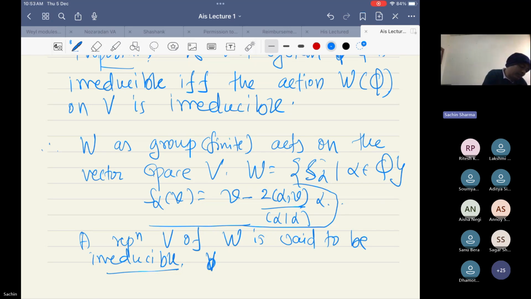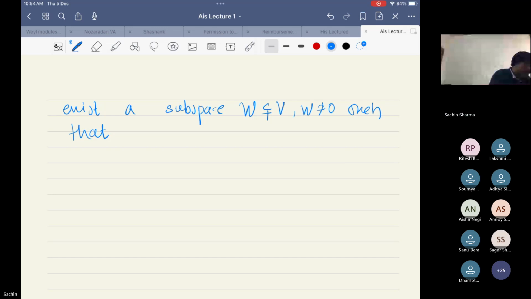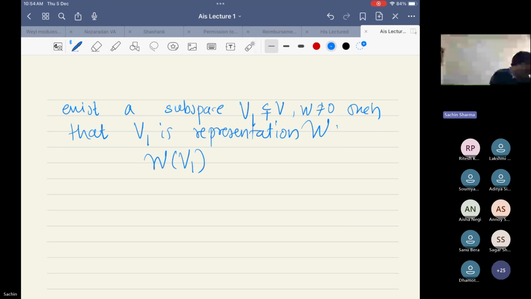So irreducible means there does not exist a proper subspace V1 such that V1 is a representation of W, that is, W of V1 is V1.